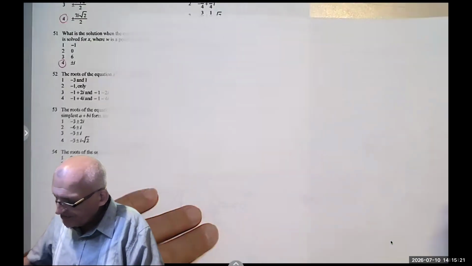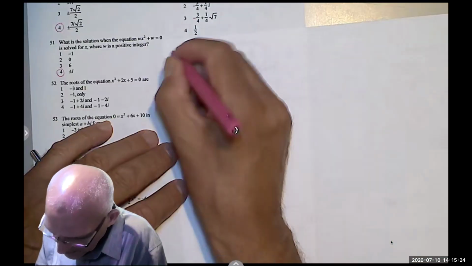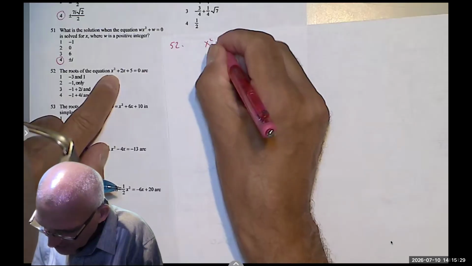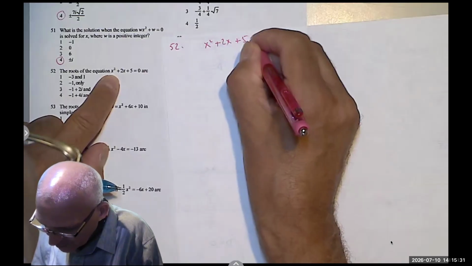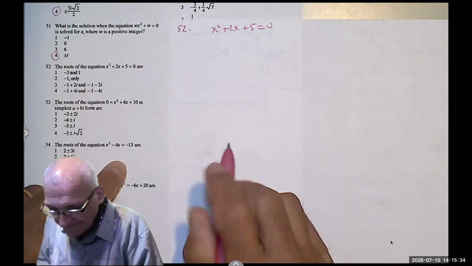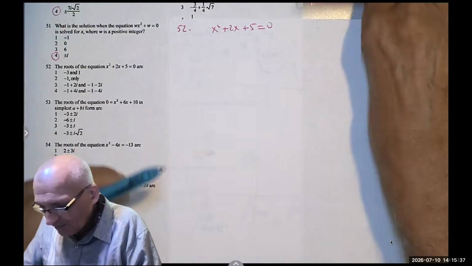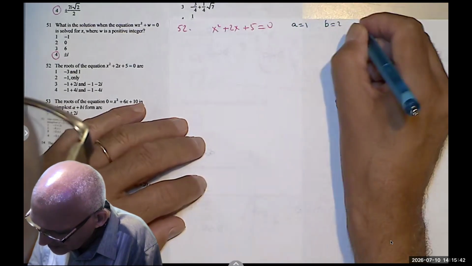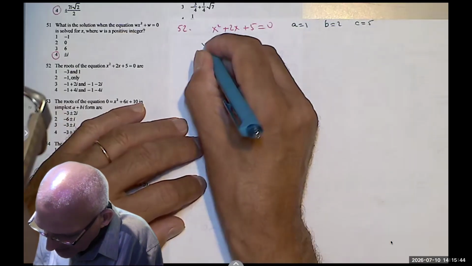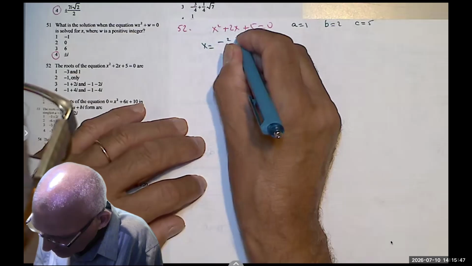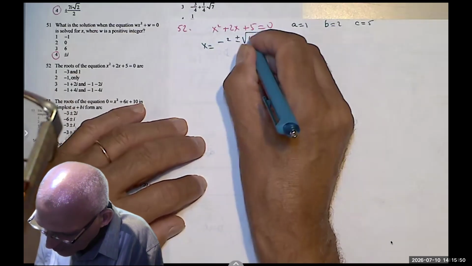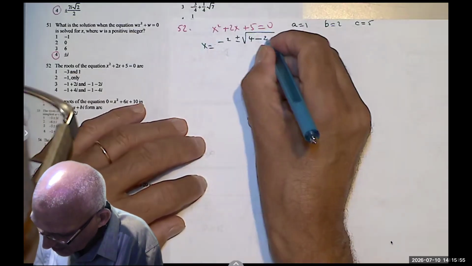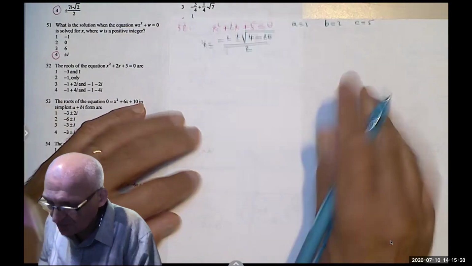Let's try number 52. The roots of the equation x squared plus 2x plus 5 equals 0 are... I see that we can say here a equals 1, b equals 2, c equals 5. So x equals -b, which is -2, plus or minus the square root of b squared, which is 4, minus 4 times a times c, which is 20, over 2 times 1, which is 2.